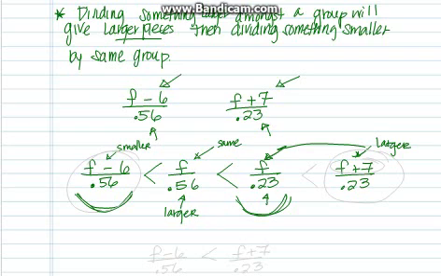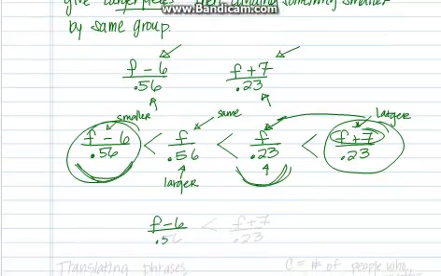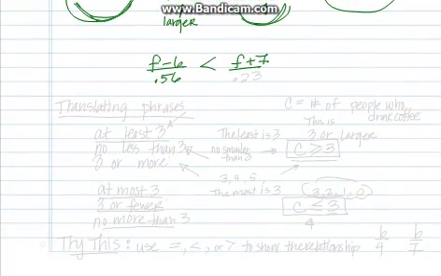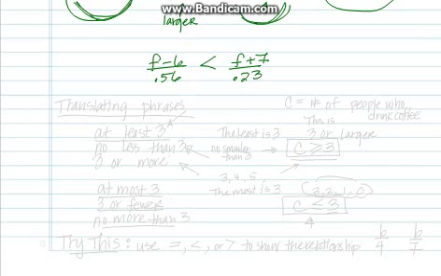I'm dividing by the same amount, so of course I'm going to have more things here if I'm dividing by the same quantity in the bottom. So then I have this big string, and that shows overall that f minus 6 over 56 hundredths must be less than f plus 7 over 23 hundredths.